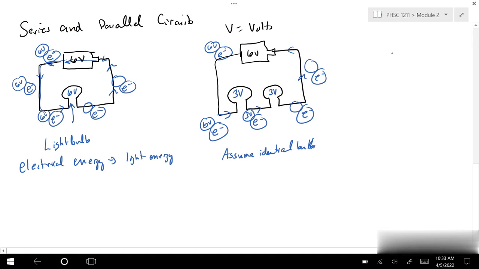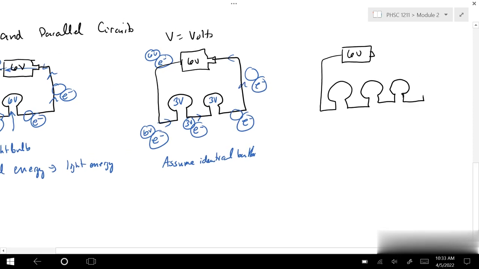And then similarly, let's look at what would happen if we had 3 light bulbs. Sorry for my poor drawings here. So we have 3 light bulbs. Again, the battery is going to release electrons that have 6 volts in their backpack. When it gets here, this electron has 6 volts, but it knows that there are 3 light bulbs coming up.